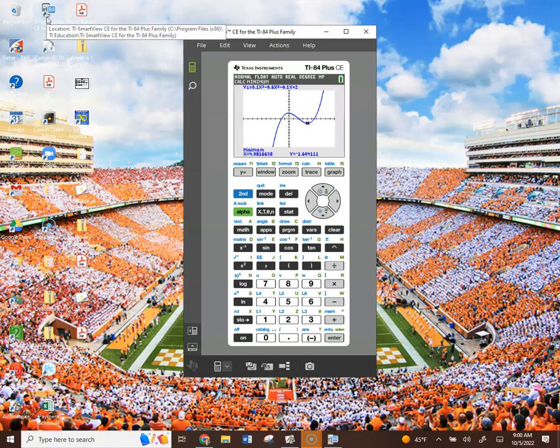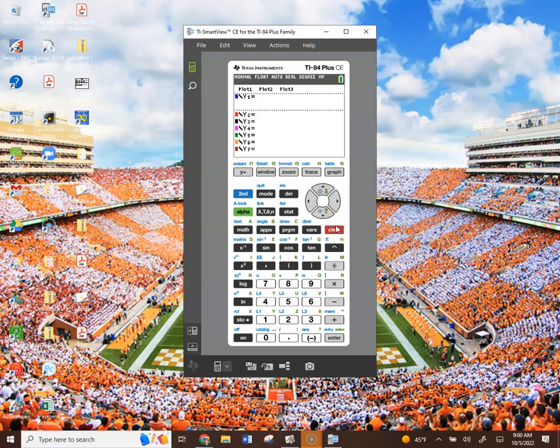When you get zoom 6, what do you notice? Can't see it, can you?